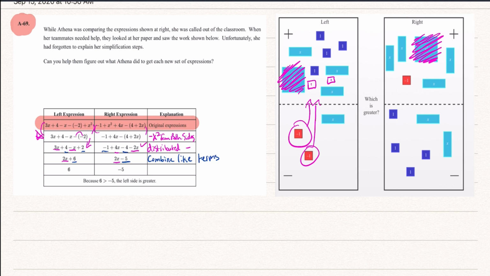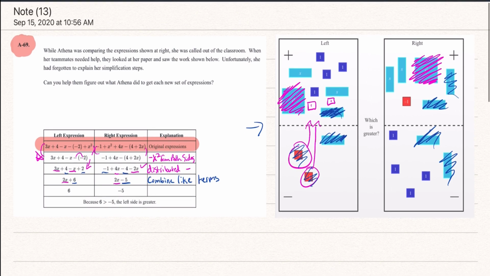Then, what we see here is we had 6 and we had negative 5. If we go over into our E tool and take a look, we've put these up top, and then we combined our like terms. So we had our 3x minus x. These two canceled each other out on the left side. On the right side, these two cancel each other out. And then over here, having negative 1 and negative 4, all of these came up top and became negative.